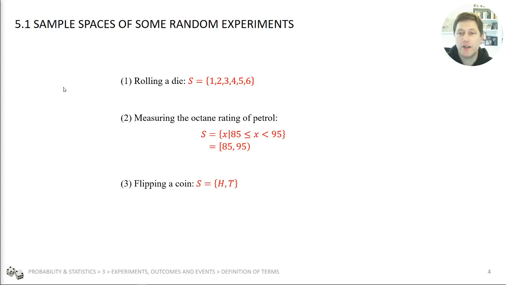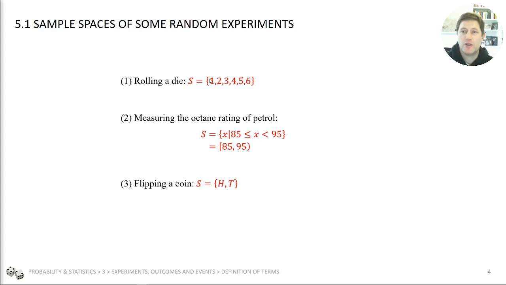Yes, flipping a coin. The possible outcomes are a head or a tail, so we have a simple binary outcome. You can see two types of experiment here, one where you have discrete outcomes and one where you have a continuous outcome. Which ones are discrete outcomes? It's rolling a die and flipping a coin.